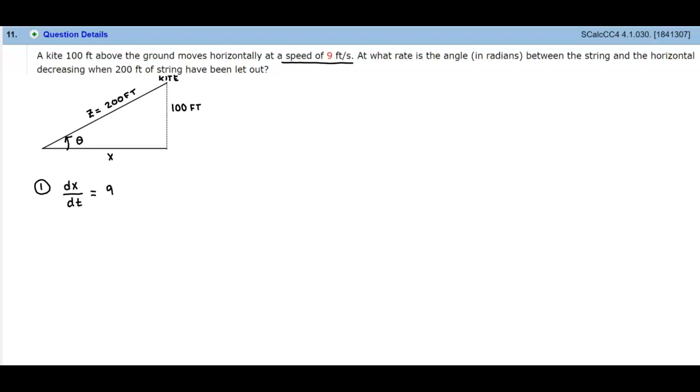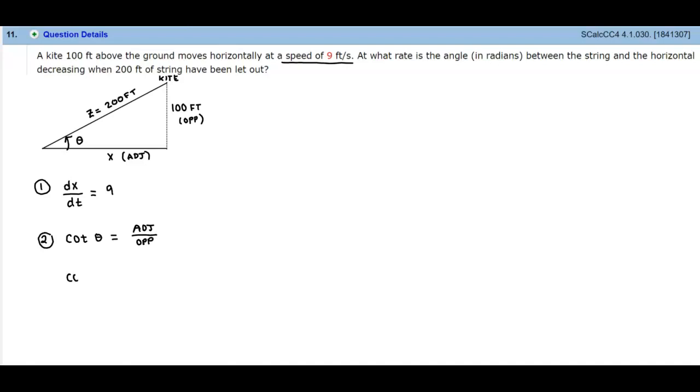So what we want to do is find the equation for theta. Recall here that this represents the adjacent side, and this represents the opposite side. So for step 2, we know that the cotangent of theta is equal to the adjacent over the opposite side.